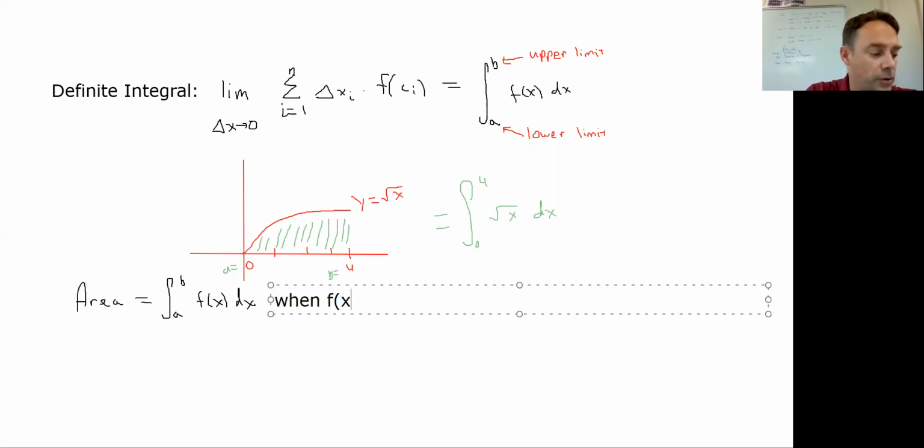When f of x is continuous and non-negative from A to B.